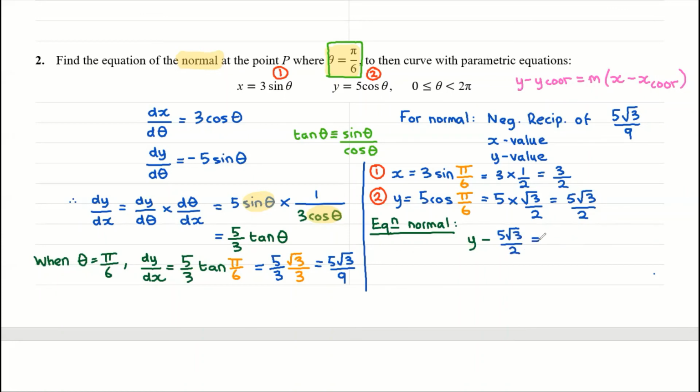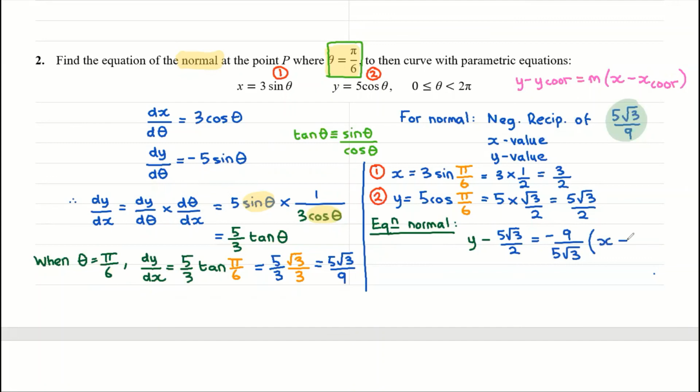Now, just remember, of course, we've got to be really careful. We haven't done the negative reciprocal of this yet, so I'm going to do that now. Okay, negative reciprocal of that. So this is simply going to be minus 9 over 5 root 3. Okay, multiplied by x, subtract the x coordinate.